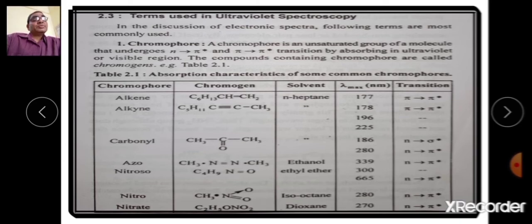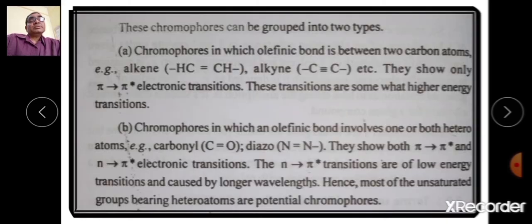These are the terms that are used. These are the groups which are responsible for the transition, and they are known as chromophoric groups, and the compound as a chromogen. Now, these chromophores can be grouped into two types.